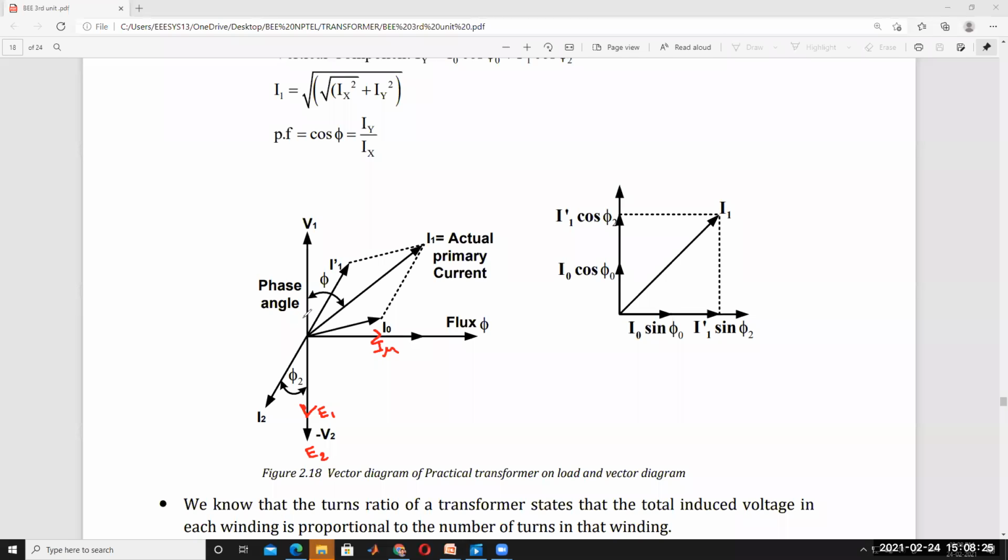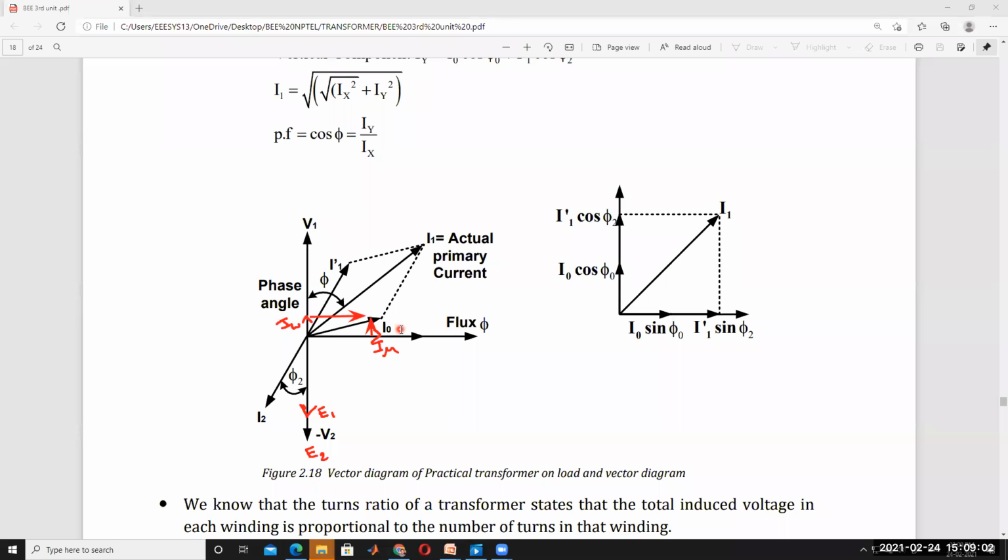This is called the wattful component, I W. The resultant of these two, I mu and I W, is called I naught. So I naught is over. Up to here, up to the no load current, it is the same.